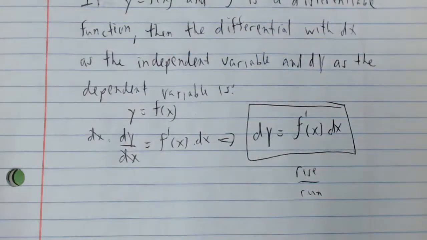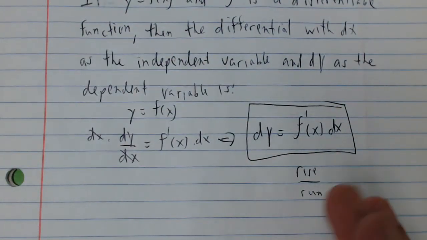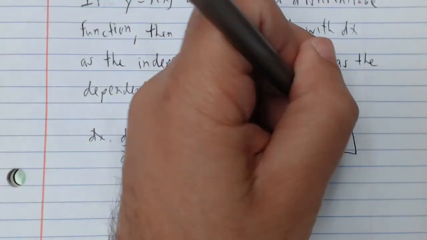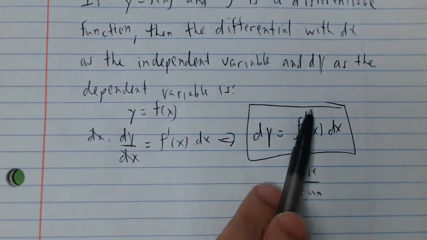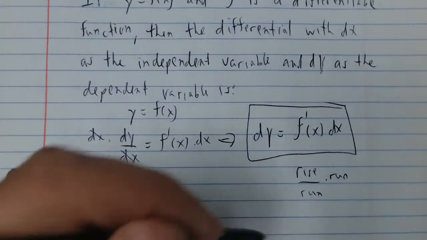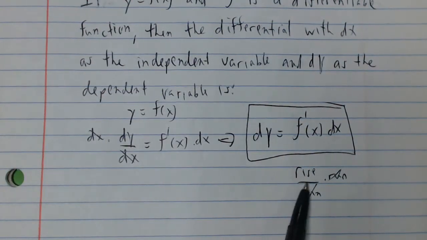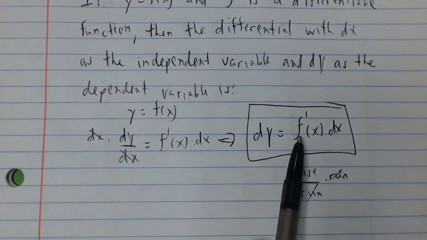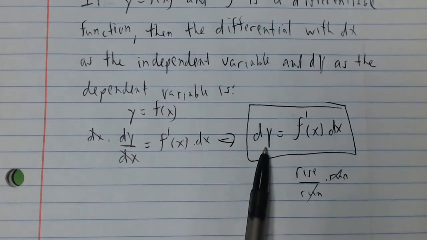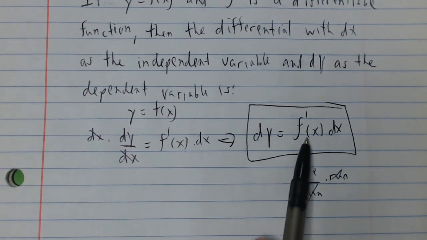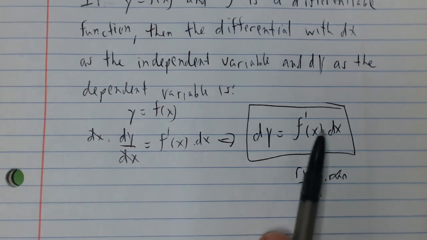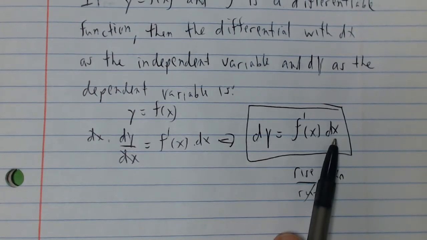And dx is how much we're moving in the horizontal distance, to the left or to the right, which is pretty much our run. So I'm grabbing the rise over run, multiplying by run, and these cancel out, which leaves me with how much I should rise, which means move up or move down. So this dy, which tells me how much I should move up or down from the point of tangency, depends on f prime of x times dx, which is the slope times how much I'm moving to the right or to the left.